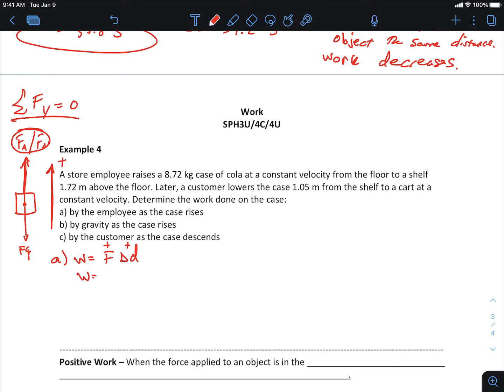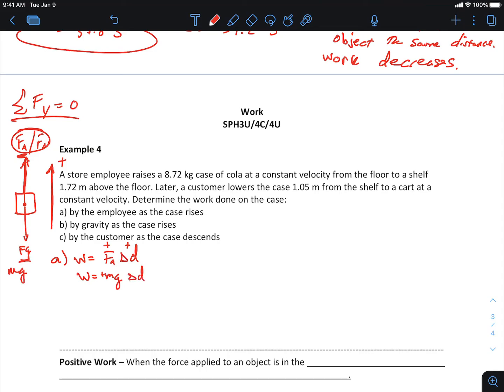So work here is going to be equal to FA times delta d. But we know FA is equal and opposite to FG, and we know FG is mg. The applied force has to be equal, because if it wasn't, her hand would just go right through the box. So we know that it has to be mg delta d.